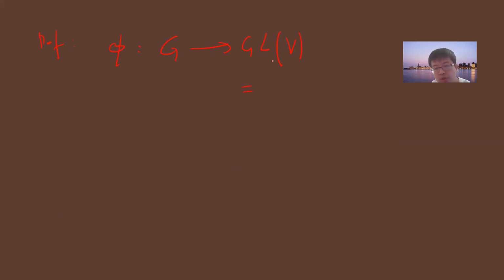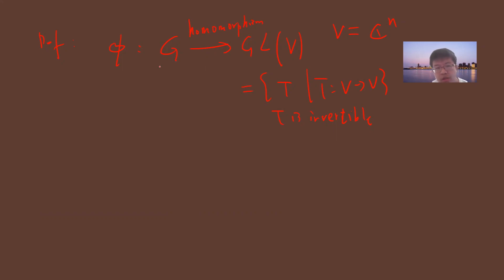The general linear group consists of the invertible linear maps T from V to V. V is finite dimensional, so you can view V as a complex vector space with dimension n, and these are just n by n matrices. Usually you can work over any field, like a finite field, rational field, algebraic field, whatever. And this map needs to be a homomorphism.